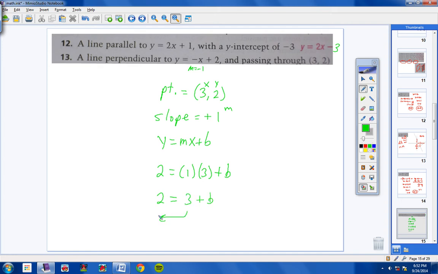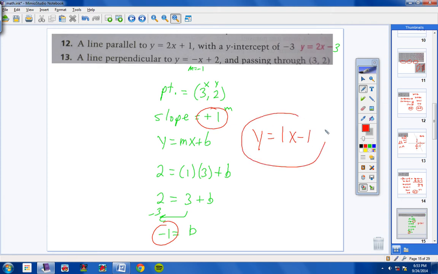Bring your 3 over, make it a -3, and you get -1 equals b. So I know what the slope is. It's 1. I know what b is. It's -1. So your linear equation will be y equals 1x minus 1. And you do not need to put this 1 right here in front of the x if you don't want to. Okay, you can, or you don't have to. So it's up to you.